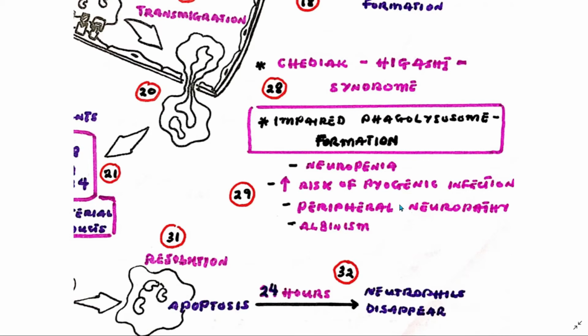Now, this impairment can also cause neutropenia due to the intramedullary death of the neutrophils. It can also cause peripheral neuropathy as well as albinism.